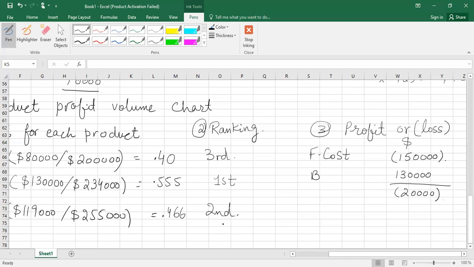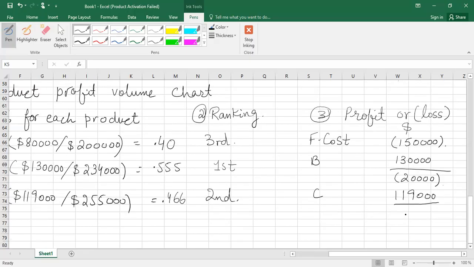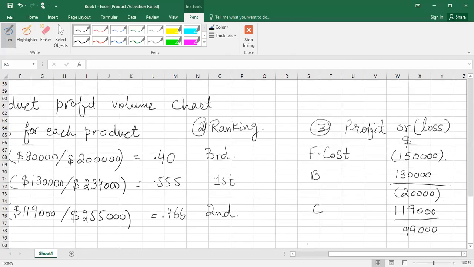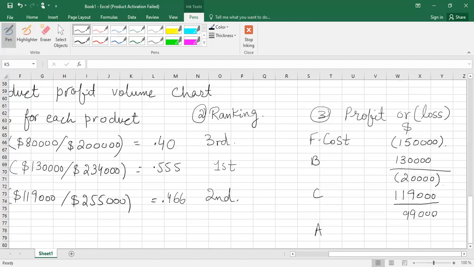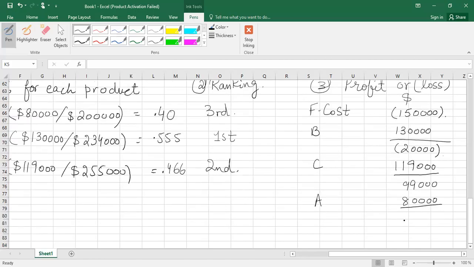Second product is C, which earned 119,000 as a contribution. So now we have 99,000 as profit. And the third product is A, which earned contribution of 80,000. So now we have total profit of 179,000.